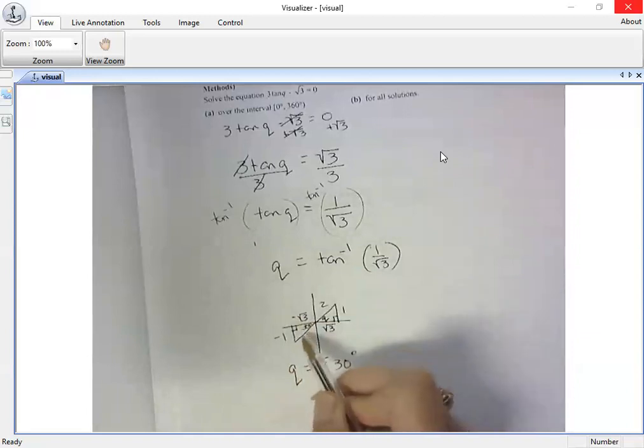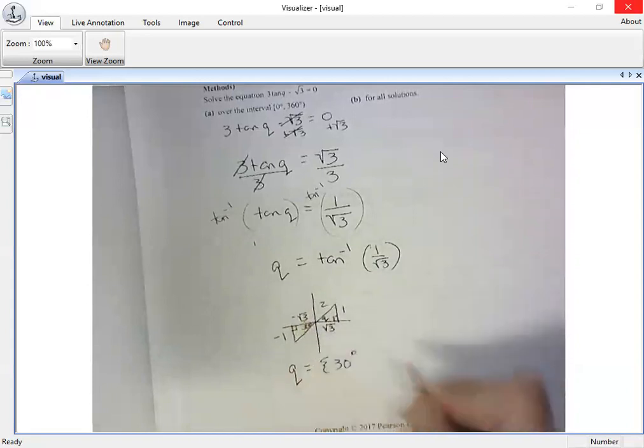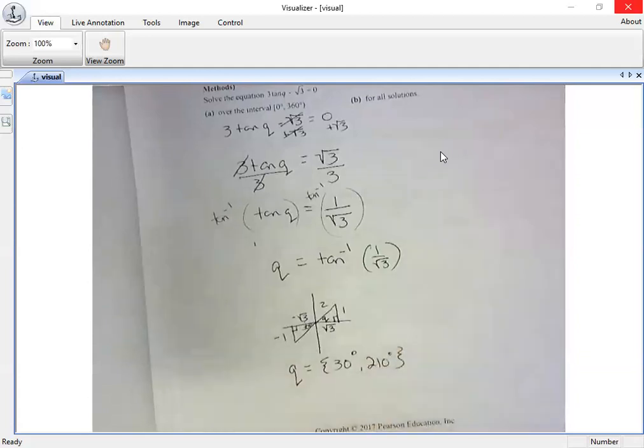It's 30 degrees in the third quadrant, but what would be the actual angle measure to get there? 210, because you got to go 180 to get here, plus another 30. Those are the two angle measures in degrees, and because they gave us our interval in degrees, we'll give our answer in degrees that would make this true.